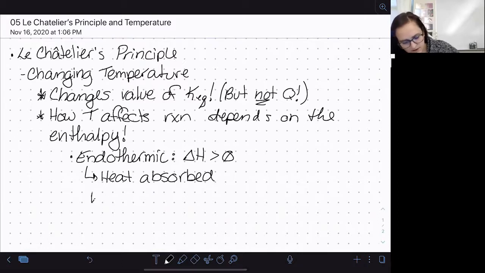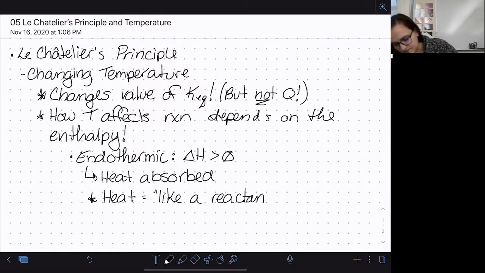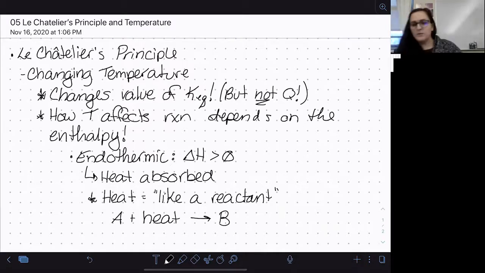We can think of heat as being like a reactant, something we have to add into the system in order for this reaction to proceed. So you will often see reactions expressed with a heat term in them somewhere. For an endothermic reaction, that heat term appears on the left, on the reactant side, because you have to take your reactants and add energy into them to get your products.